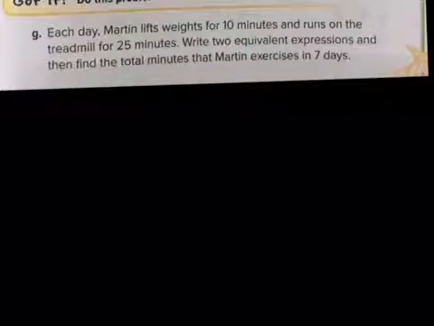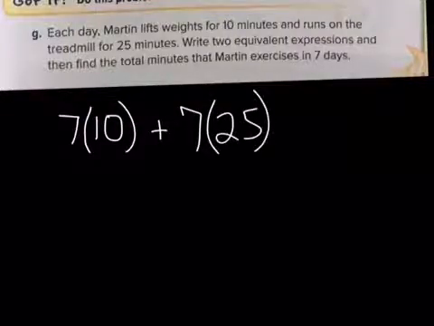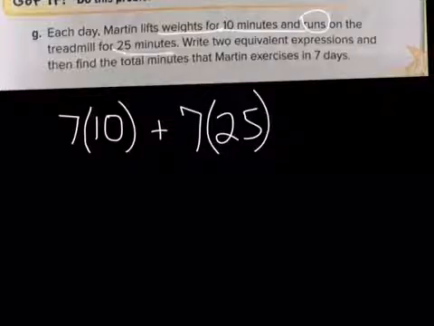So I know that he's doing this for 7 days, right? He's lifting weights for 10 minutes, and for 7 days he's also running for 25 minutes. That's what it says there. And there it is. That's an expression.